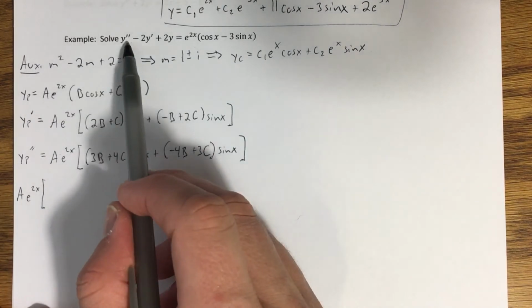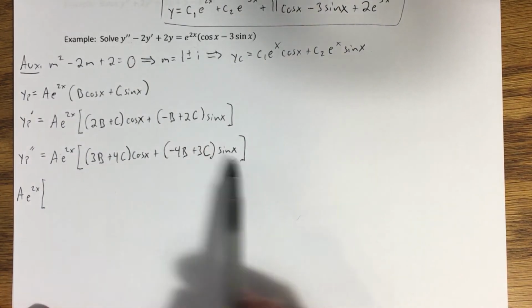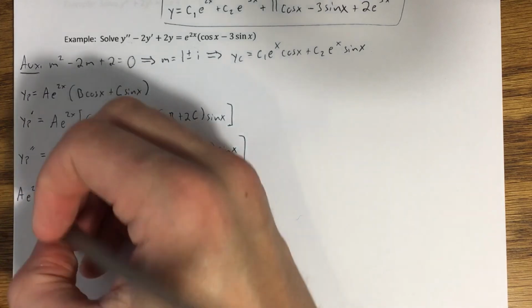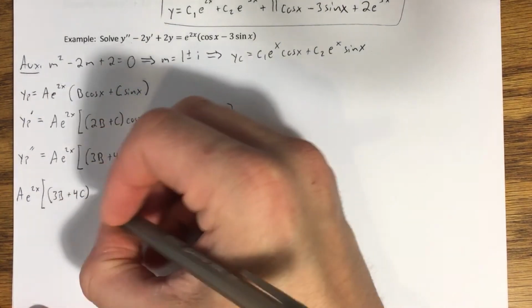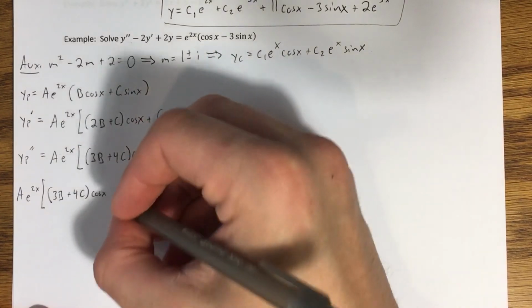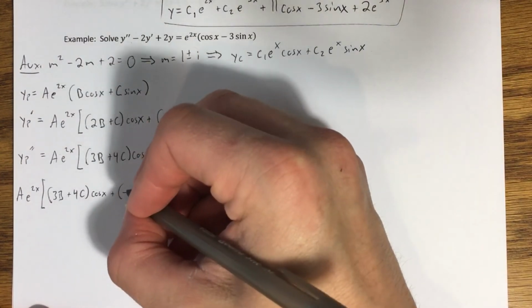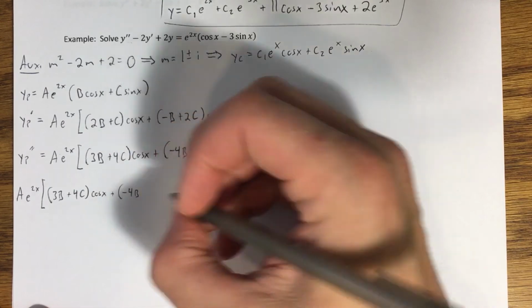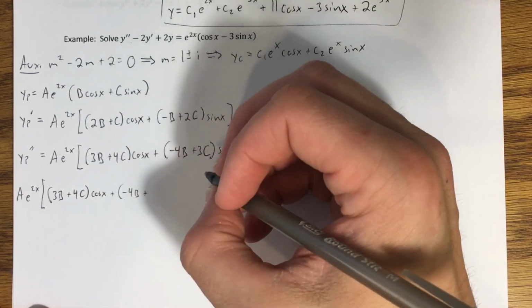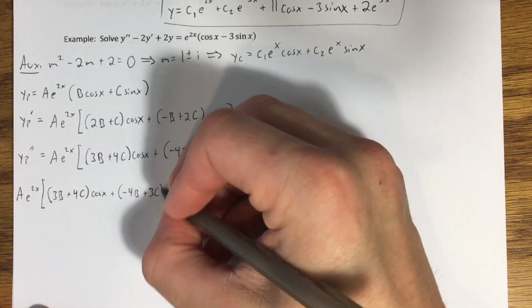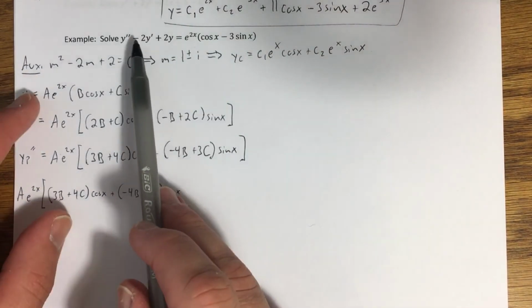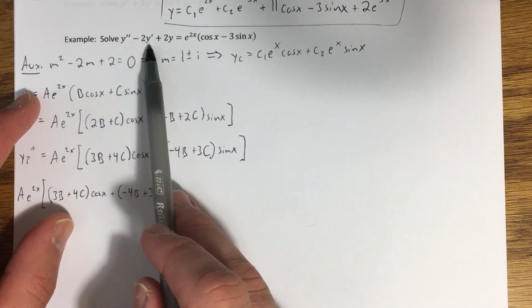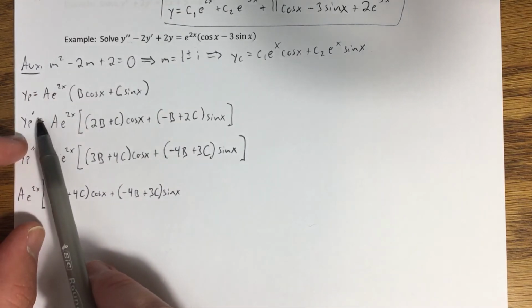So I have y double prime. Okay, that's this guy with the a e to the 2x pulled out. 3b plus 4c cosine of x plus negative 4b plus 3c sine of x. Okay, next we have minus 2 times y prime, or yp prime in this case.